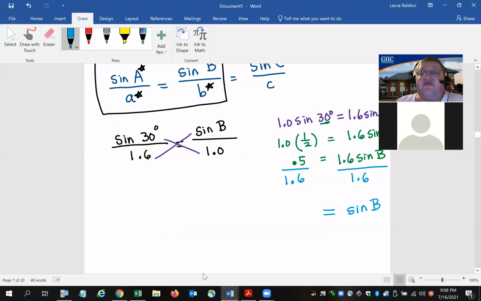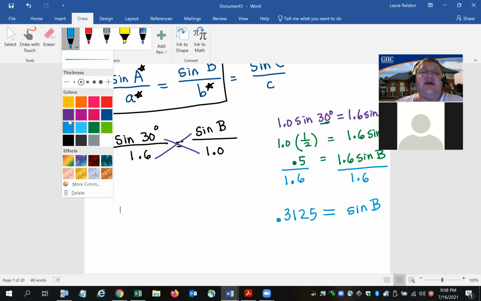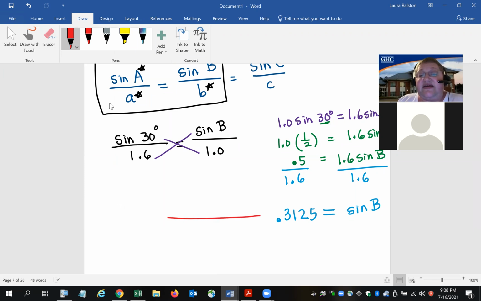So the sine of b is 0.3125. Now, for the question in the practice final exam, this is the answer they want. They want you to find the answer for sine b. So this is the answer you would enter.